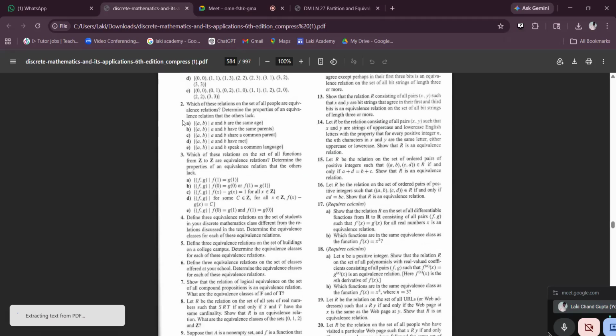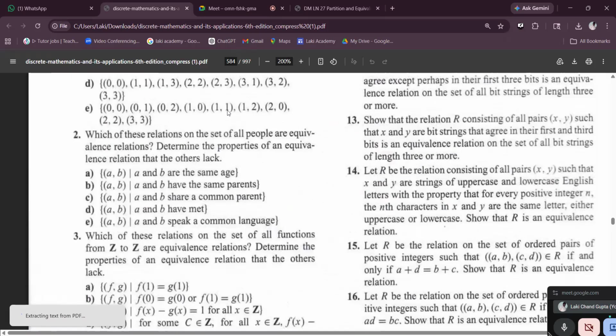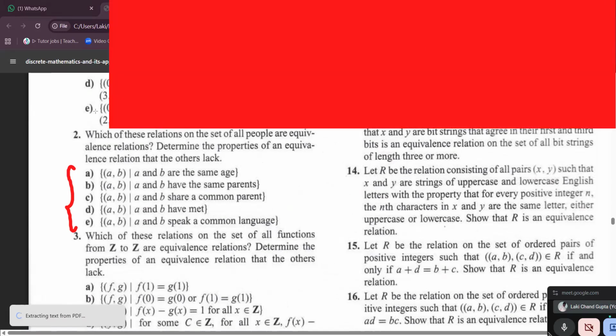Take this question. Question number two. A, B is such that A and B are of the same age.